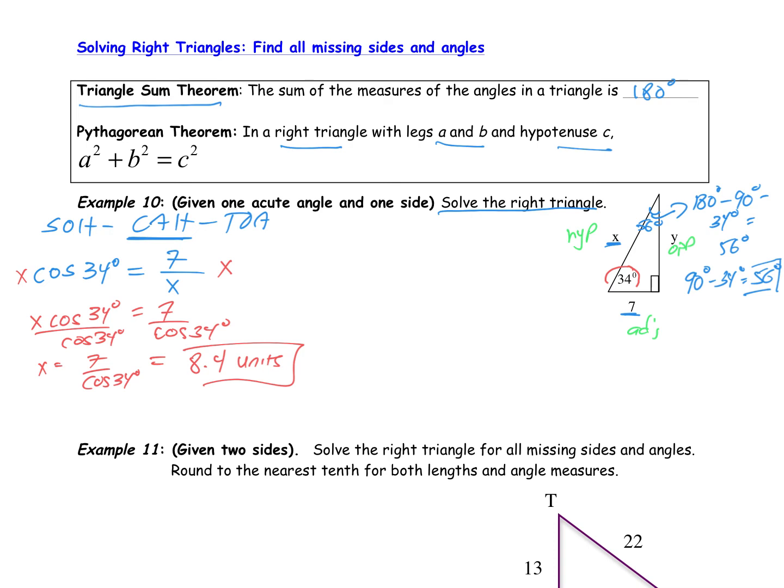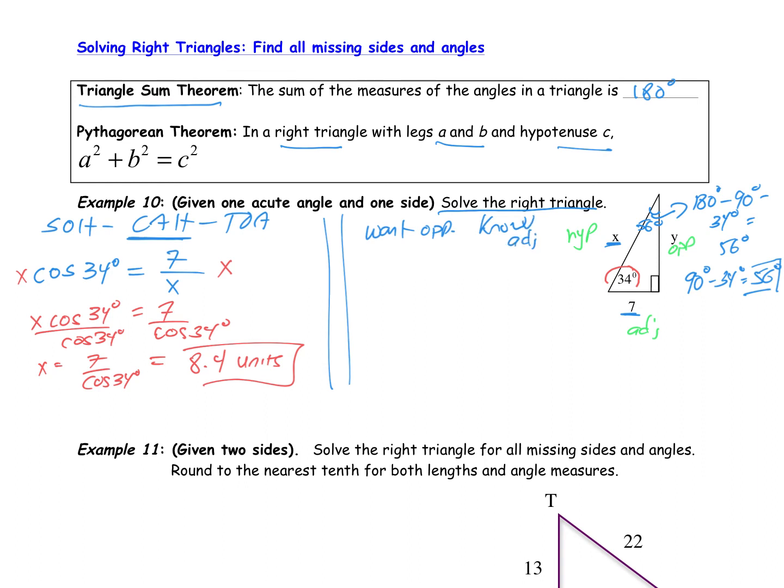Now, in order to find y, let's use another trig ratio. We could use the Pythagorean theorem, but it's probably better not to use the rounded values. So we would like to find the length of the opposite side, and I would use the side that we were given, which is exact, the adjacent side.